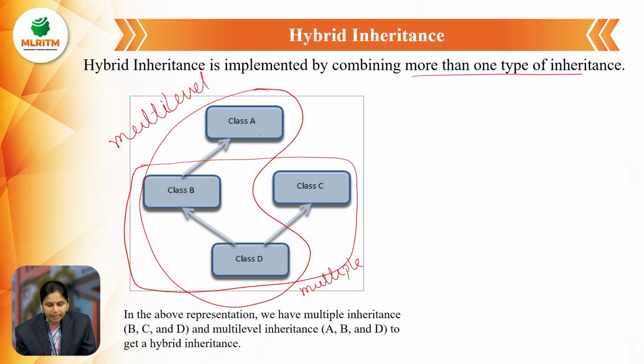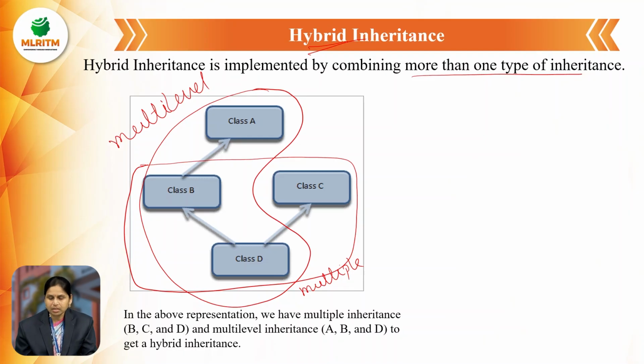Multi-level means one child is derived from another child class. D is derived from B, B is derived from A. So, this figure combines 2 types of inheritance, multiple inheritance and multi-level inheritance. When we combine 2 or 3 types of inheritance, it is called hybrid inheritance.